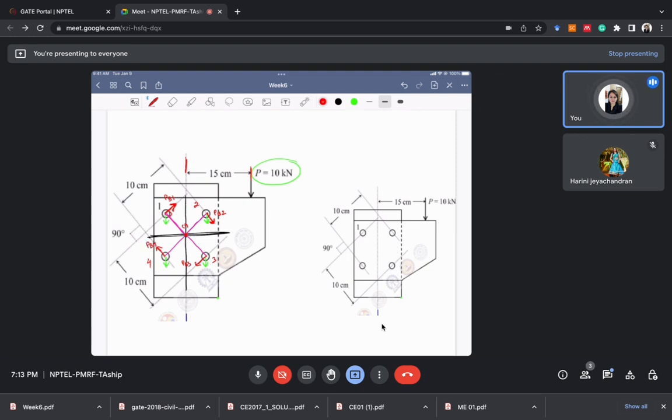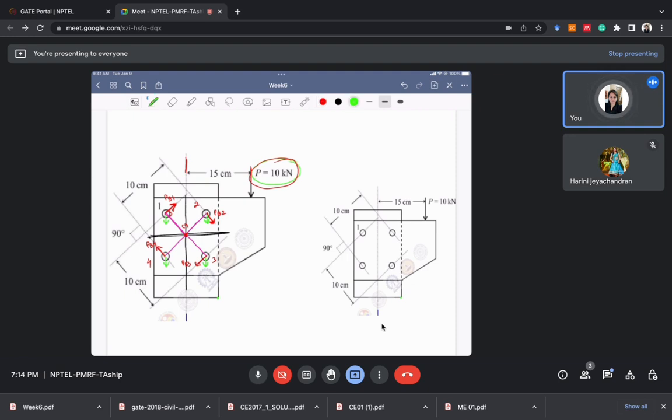If you look at all of PB1, PB2, PB3, PB4, they are trying to rotate the system in the clockwise direction. Our applied load was also in the clockwise direction. So you should keep this in mind.